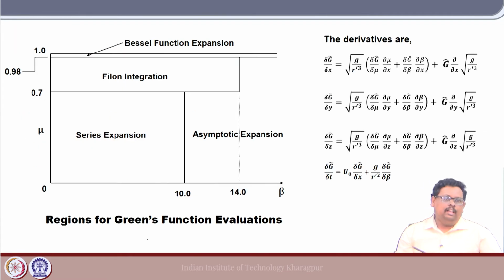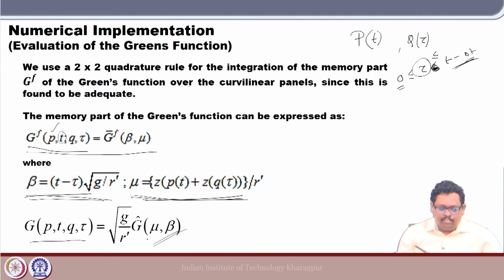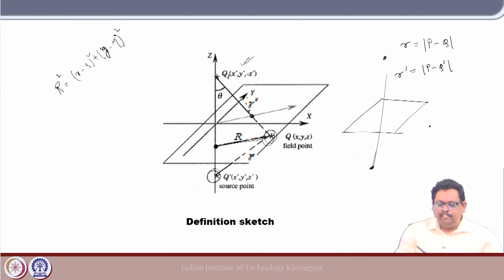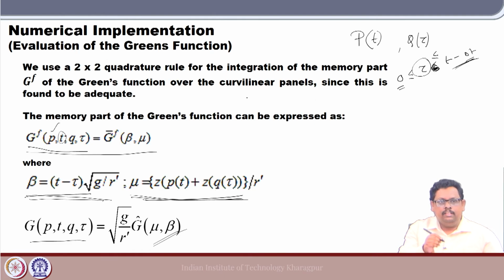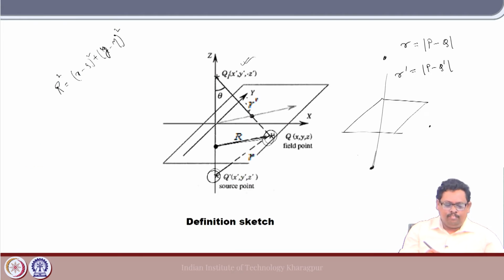Now, this is actually the integration scheme in the mu beta coordinate system, right, and before that I would also like to look at this transformation, that is mu equal to z(p, t) plus z(q, tau) by r dash. Now, what is the meaning of this? You see here, from this picture I can draw a nice thing.